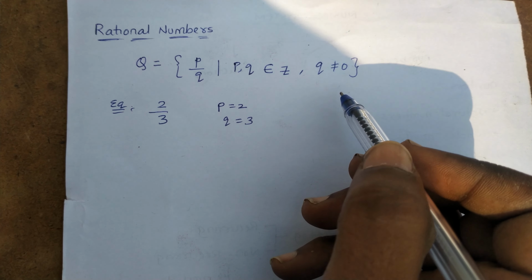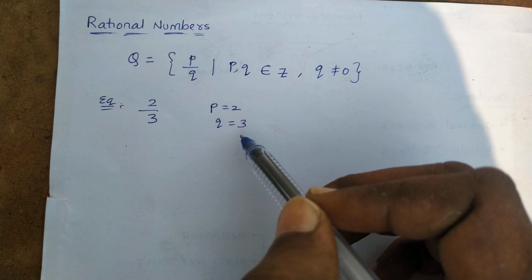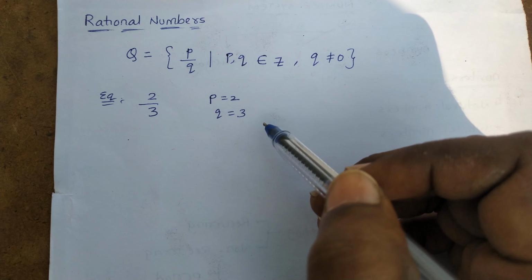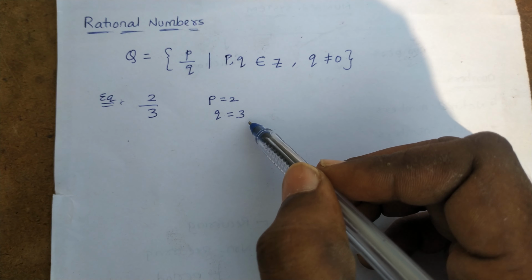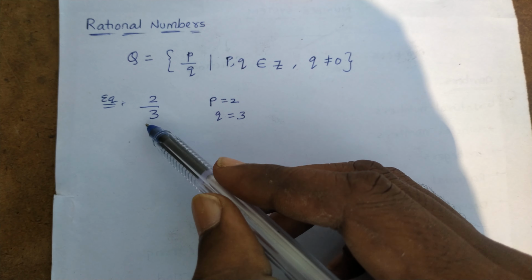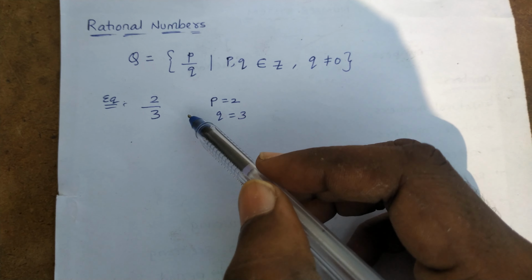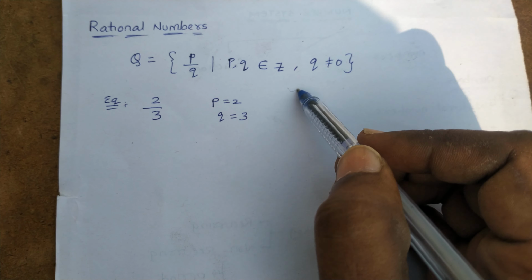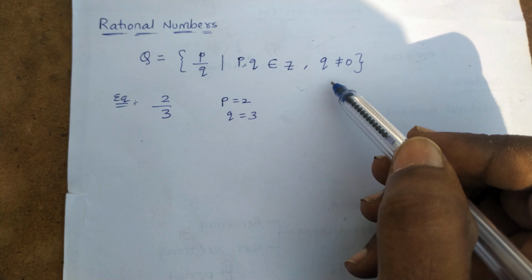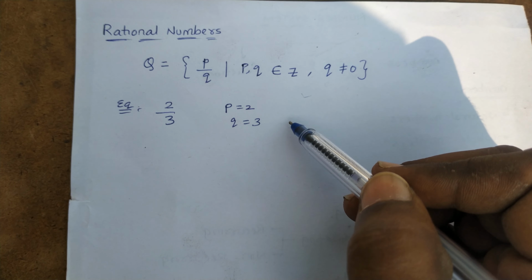q should not be equal to 0. Now what is the value of q here? 3. Is it equal to 0? No. So the condition is satisfied. We have written 2 by 3 in p by q form, p comma q belongs to Z, that means 2 comma 3 are integers, and q is not equal to 0, that means q value is 3 here, and 3 is not equal to 0.